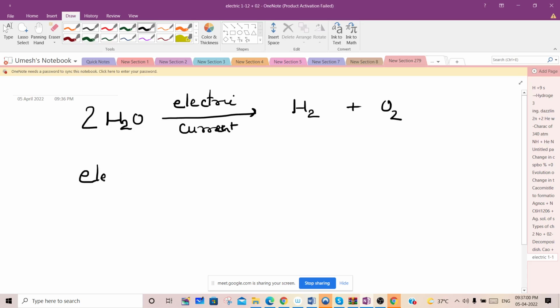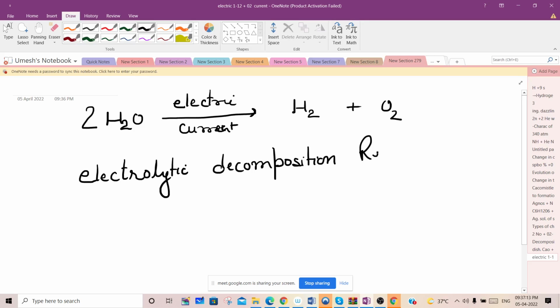So we call this an electrolytic decomposition reaction. Electrolytic means upon passing current, we are breaking the molecule into two or more products. That reaction is called an electrolytic decomposition reaction.